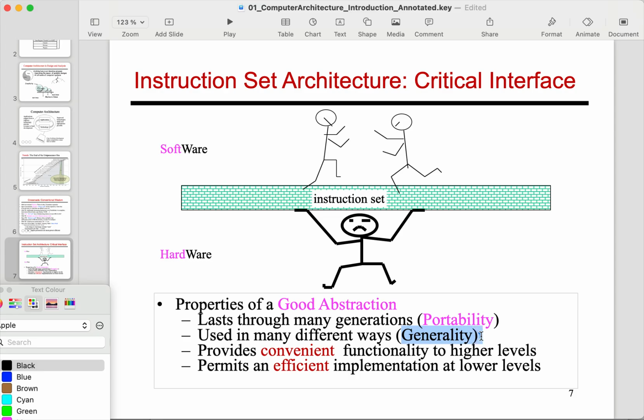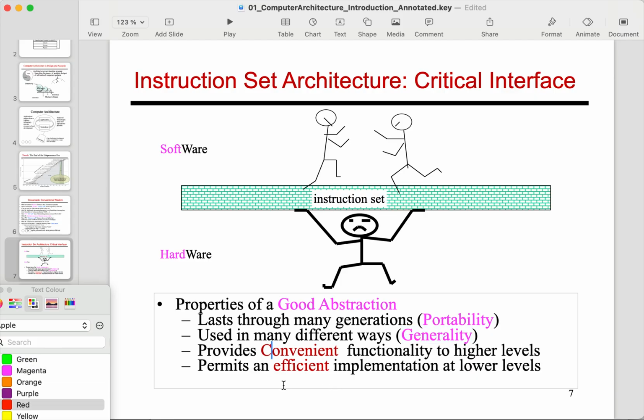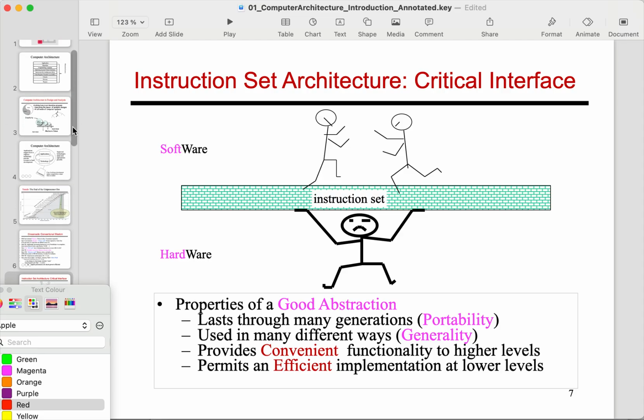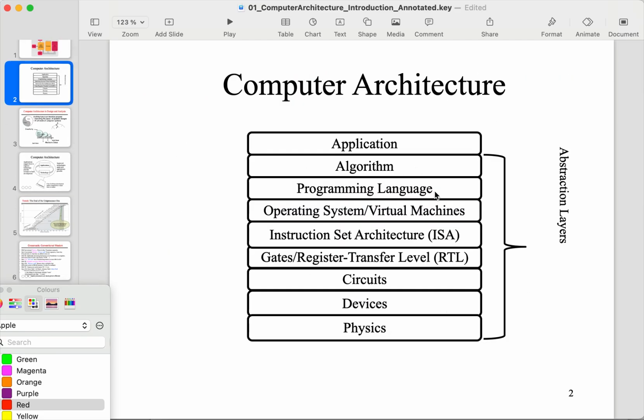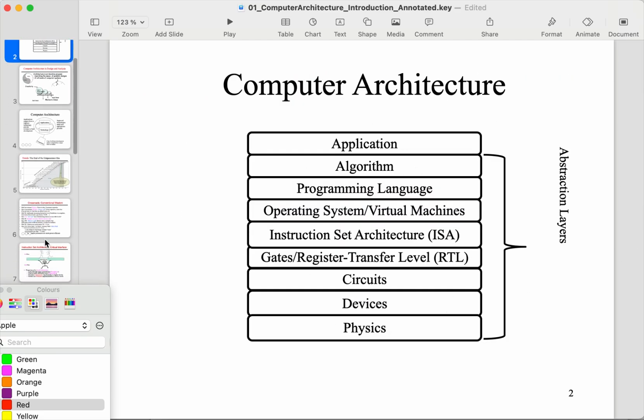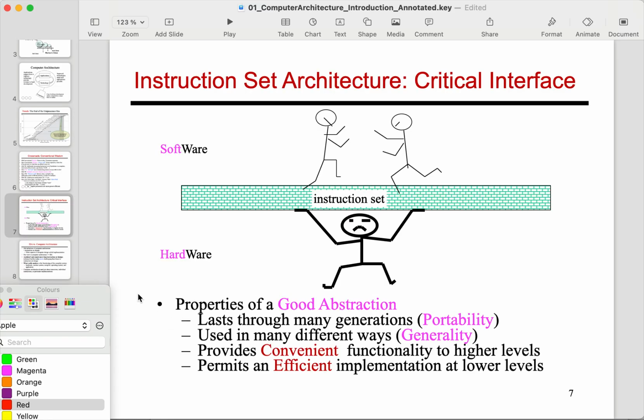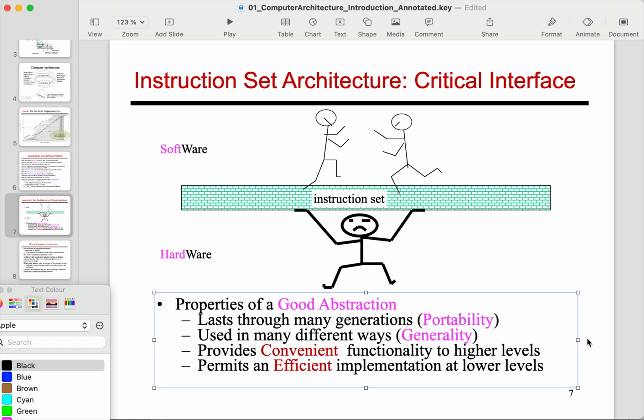It's general. Provides convenient functionality to higher levels, so it is convenient. And permits efficient implementation at lower levels, so it is also efficient. So this right here is the abstraction, and these are the properties of a good abstraction.